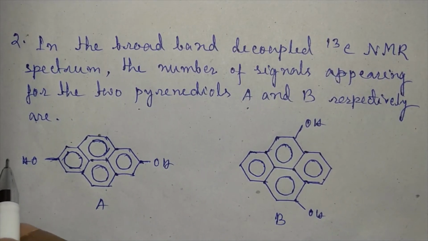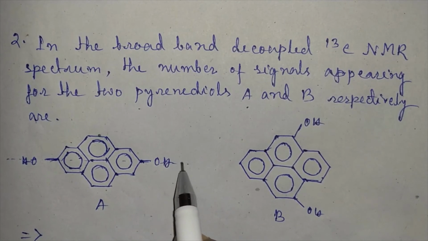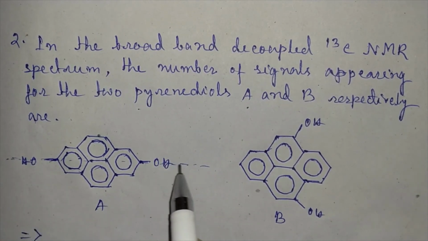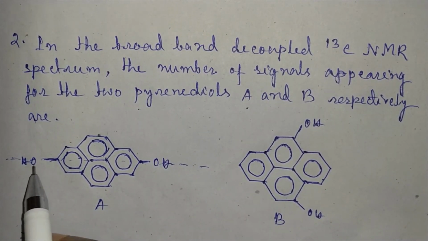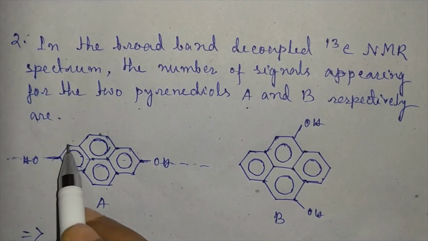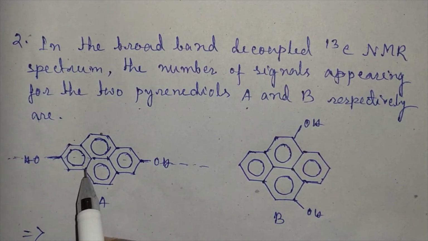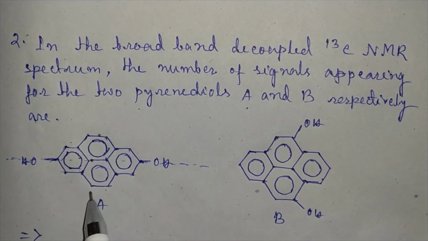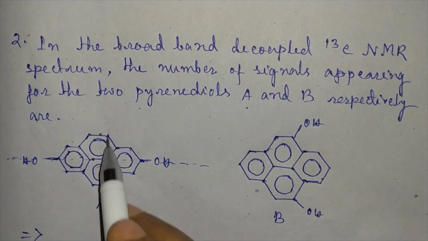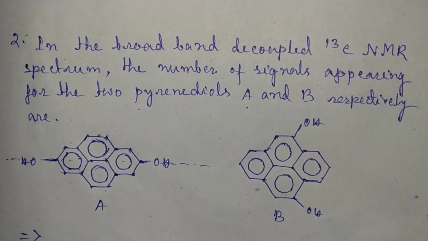A plane will pass along this axis. This will divide the molecule into two equal halves, so this carbon and this carbon are similar, this and this similar, and so on.